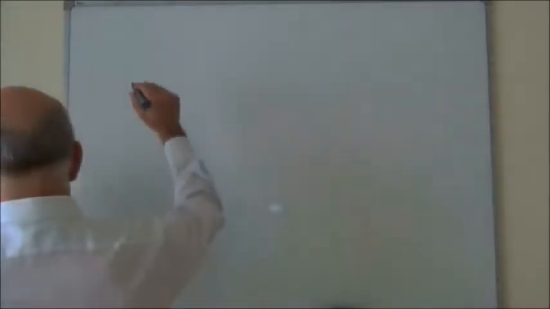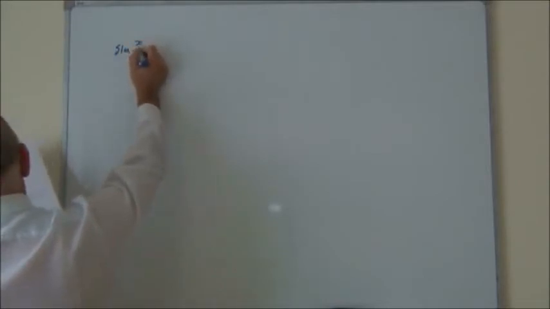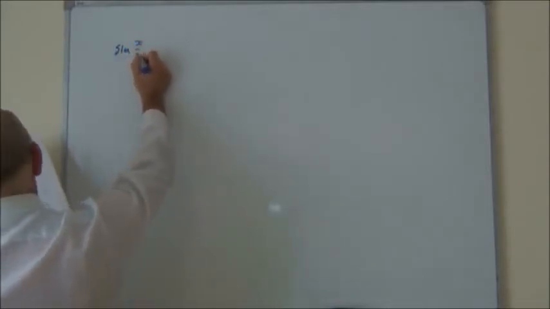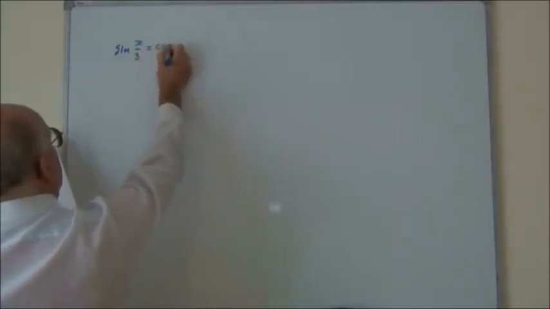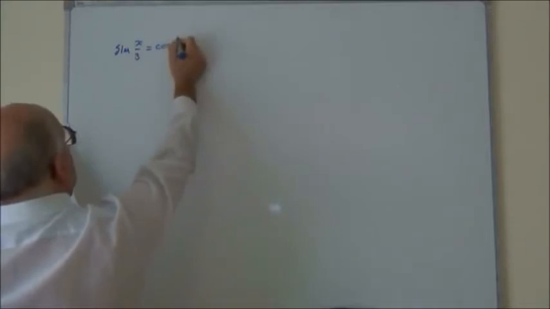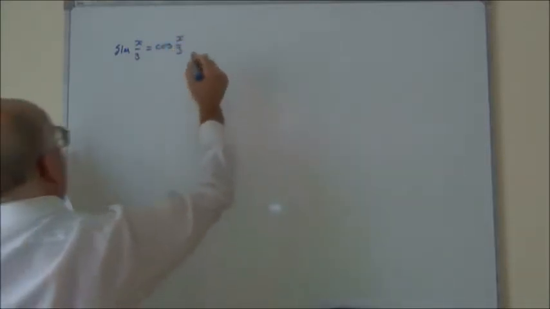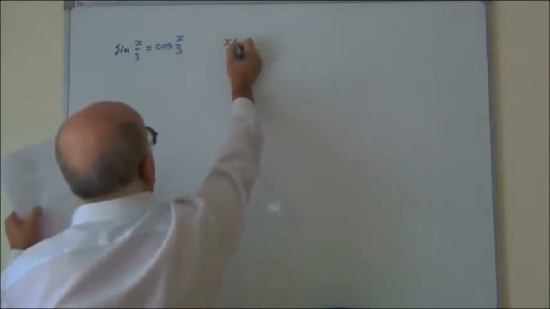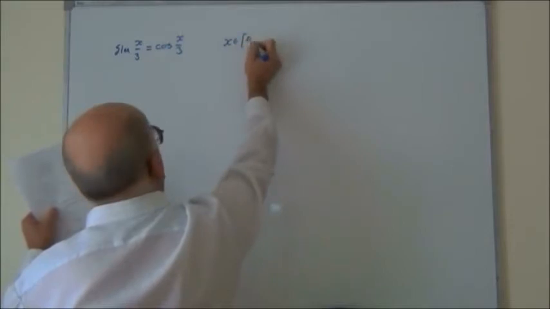The first example in this part will be to solve the equation sine x on 3 equal cosine x on 3, and x taking values from 0 to 2 pi.